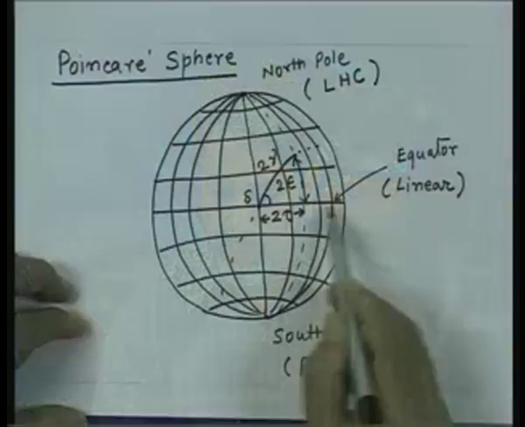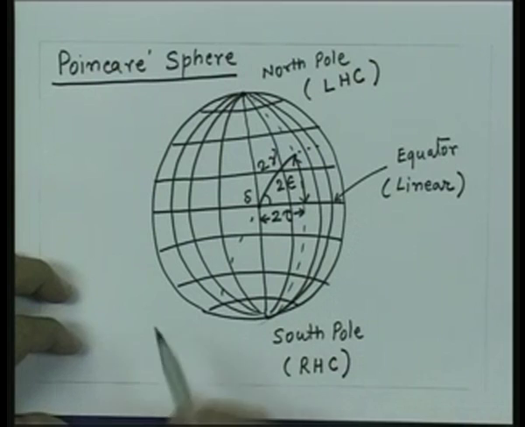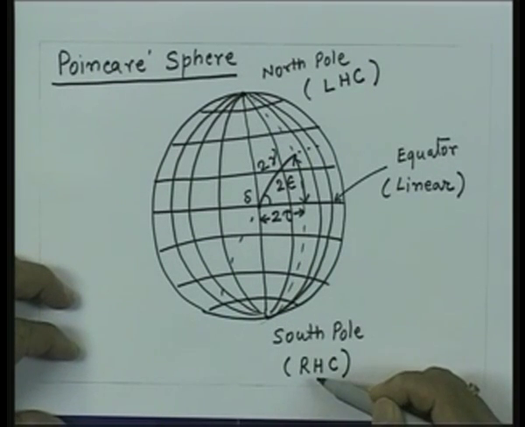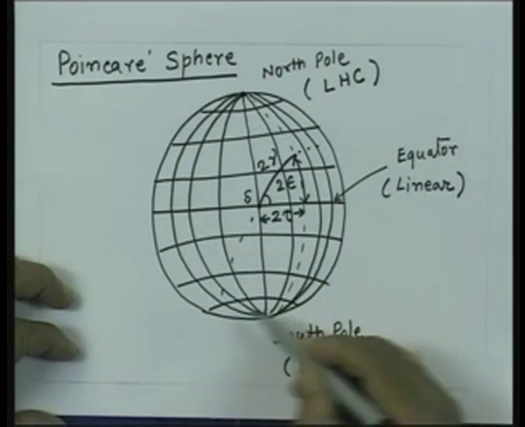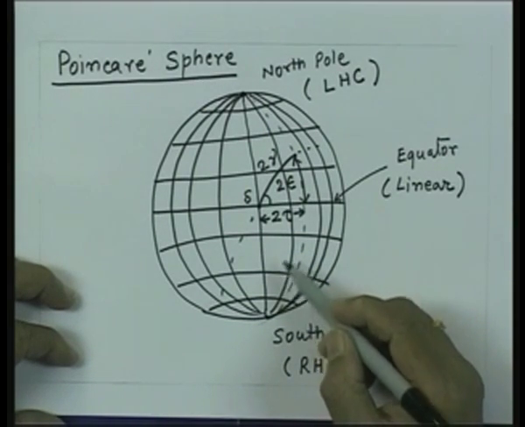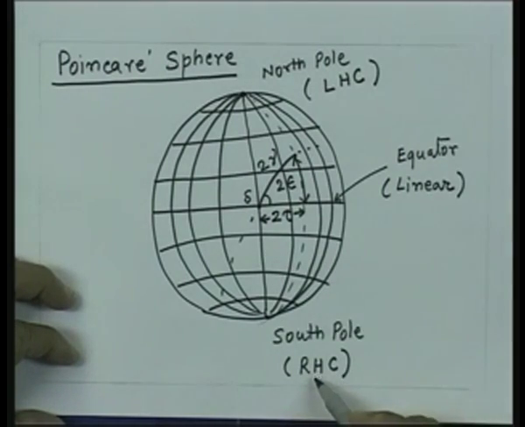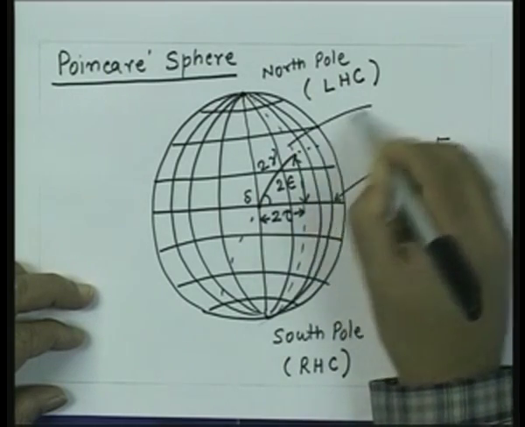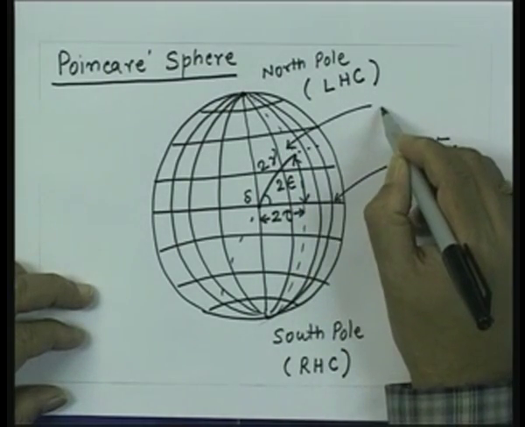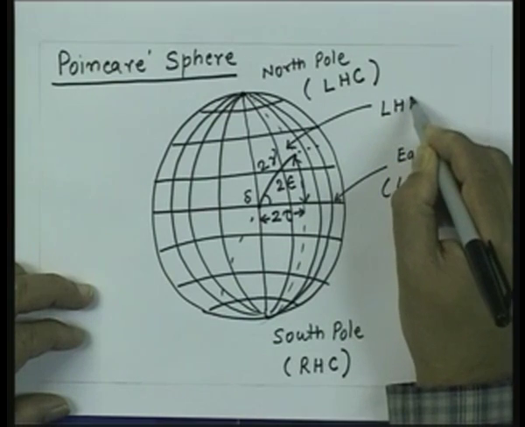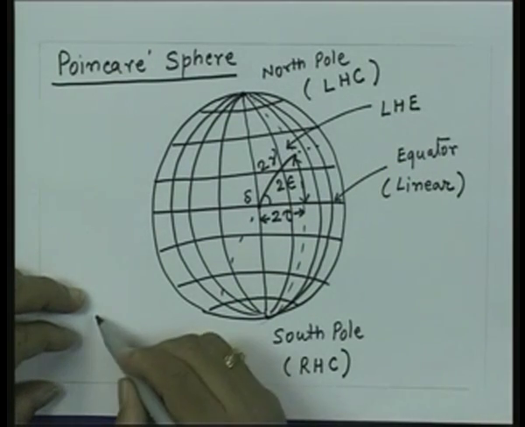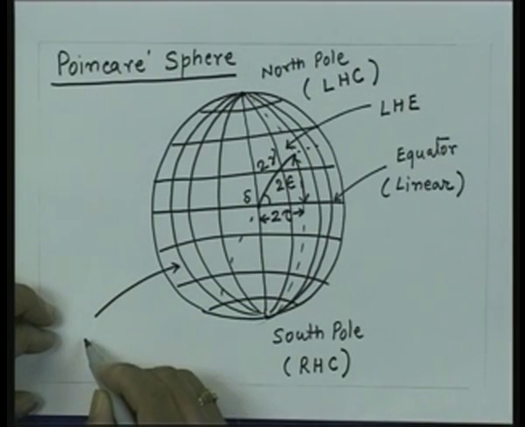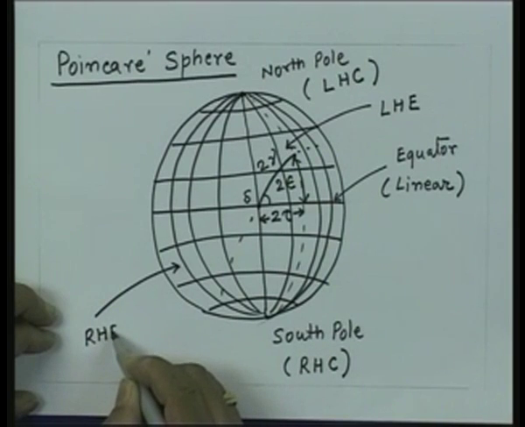Similarly, any point lying on the southern hemisphere of this globe will have a right-handed sense of rotation. So, it will represent in general an elliptical polarization, but the sense of rotation will be right handed. So, any point in this northern hemisphere represents left-handed elliptical polarization, whereas any point in the southern hemisphere represents right-handed elliptical polarization.